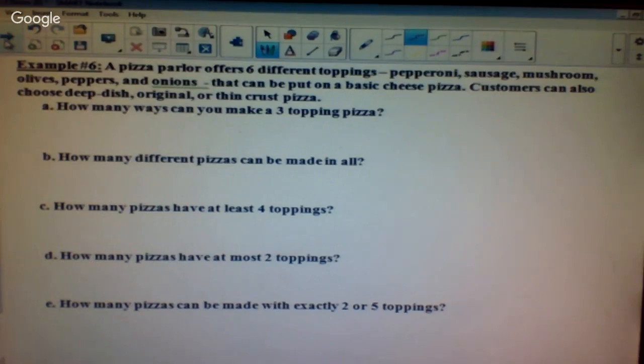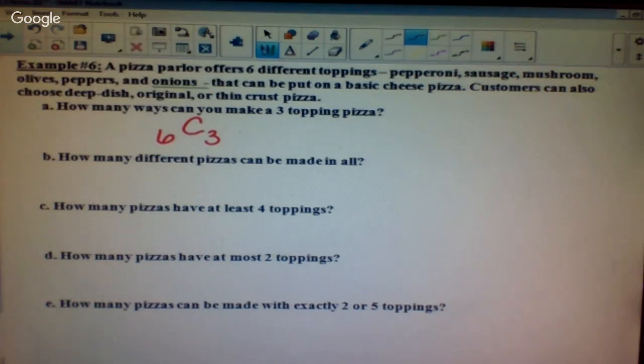I've got 6 different toppings, and I want 3 of them on my pizza. 6C3.